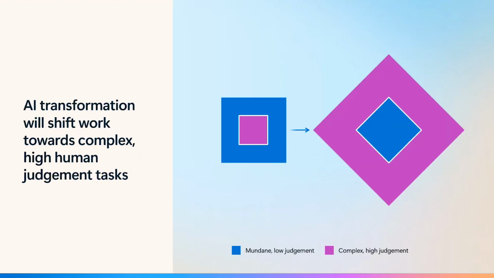So if I say this in different words, AI is here to do a kind of transformation, shifting the focus of work towards more complex tasks that require human judgment.